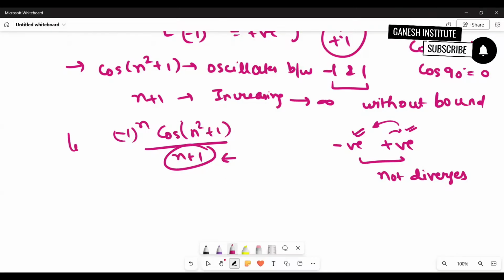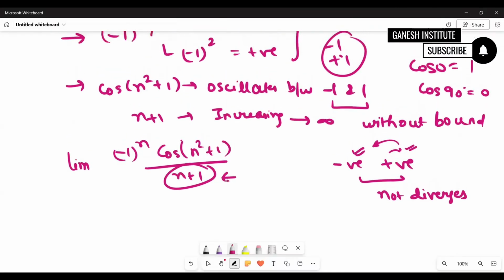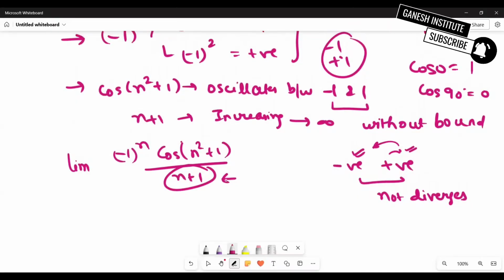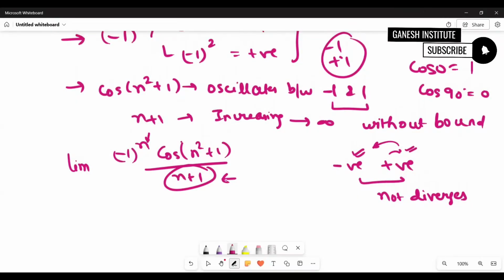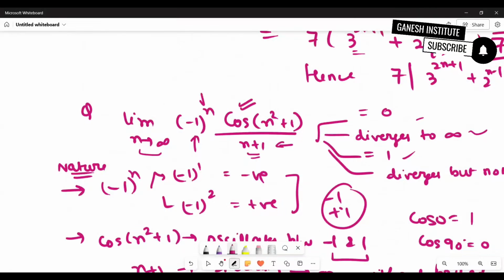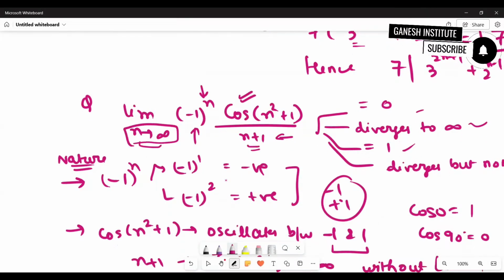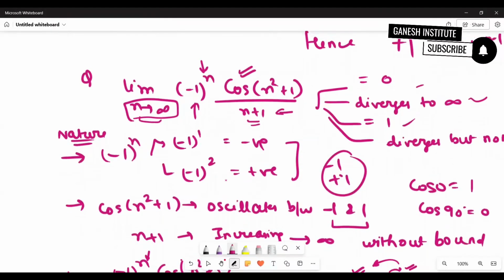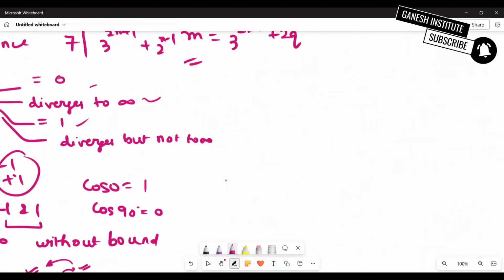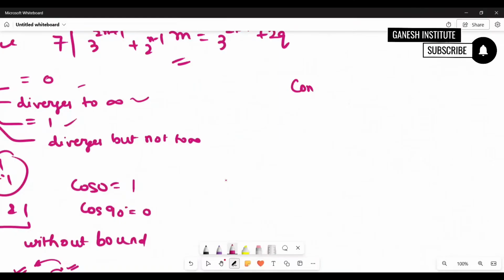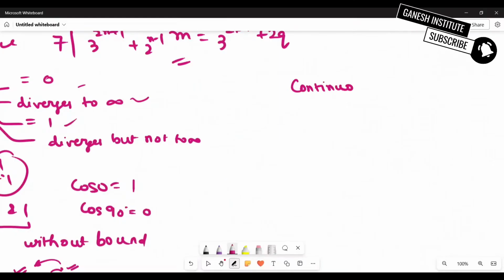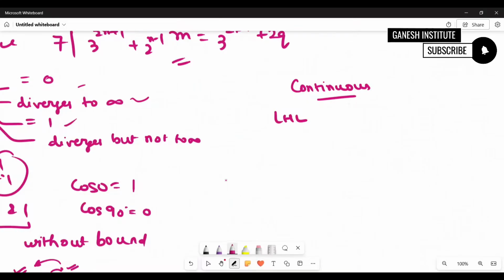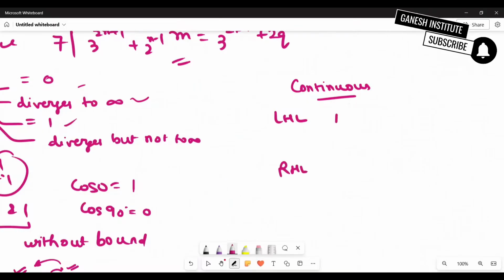How do you know it's minus 1 to the power of n? This is in the question. Okay. But then it goes to minus infinity and positive infinity, right? It is n tends to infinity. If I have to check whether it is a continuous function or not, then we use the left hand limit and right hand limit and the function's value.